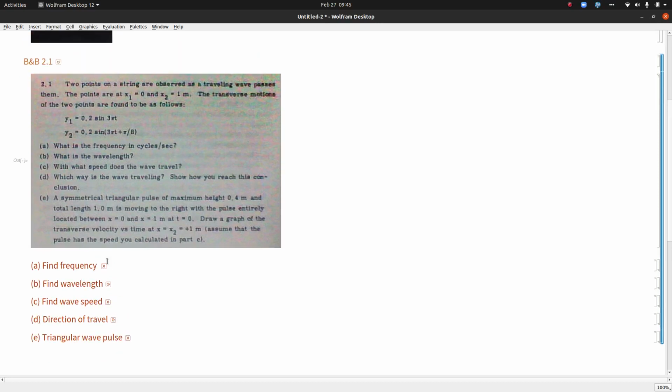We want to find first the wave frequency, which we should be able to tell just by looking at this 3 pi t in the sine function.